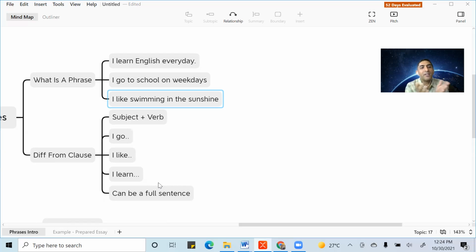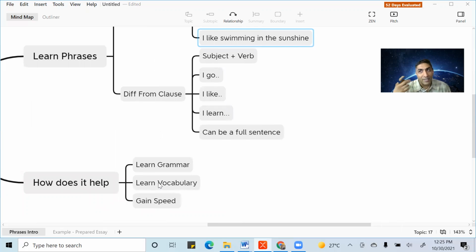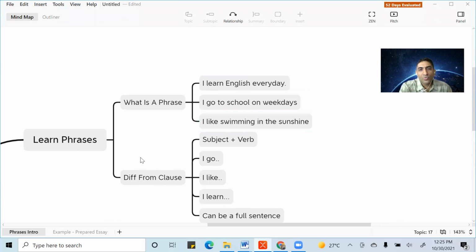So what is the advantage of learning phrases? Why am I emphasizing it so much? By learning phrases, you automatically remember the right words, which means you learn vocabulary. At the same time, you also learn grammar. For example, look at this: school on weekends. On is a preposition, but you don't have to remember that or wonder whether to use on or not.